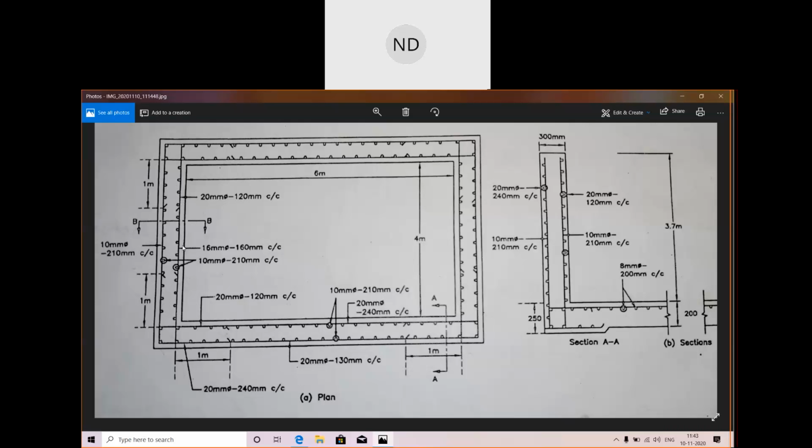Then at the center we have 16 mm dia bars at 160 mm center to center. And the distribution bars are 10 mm everywhere, at 210 mm center to center.